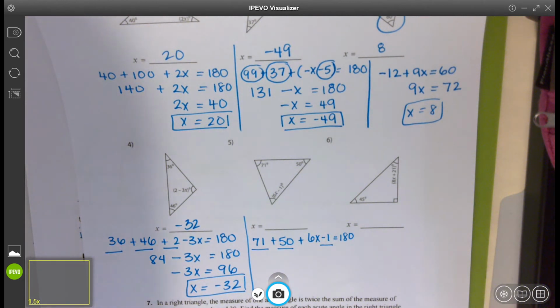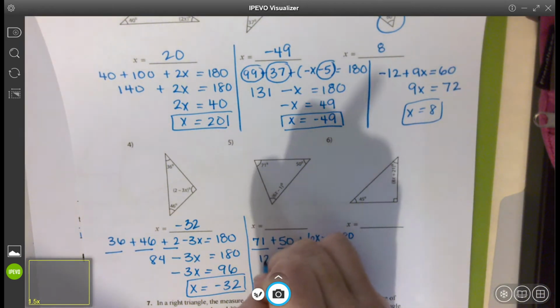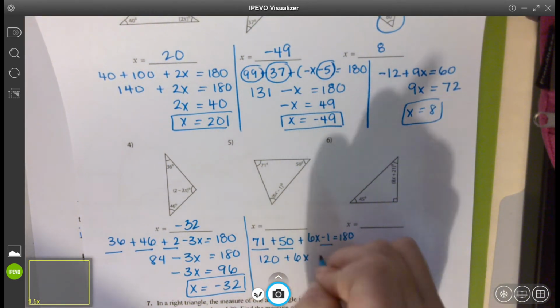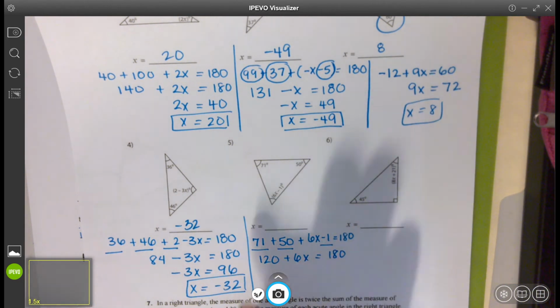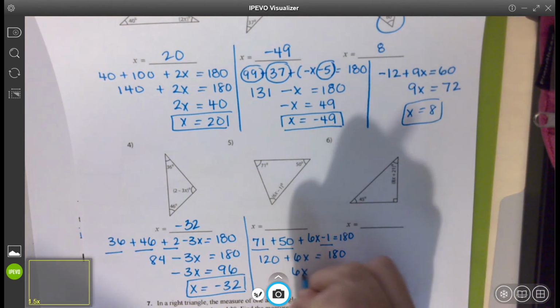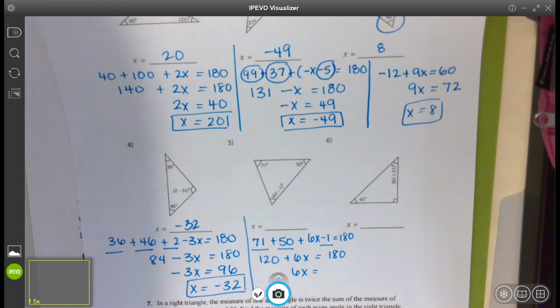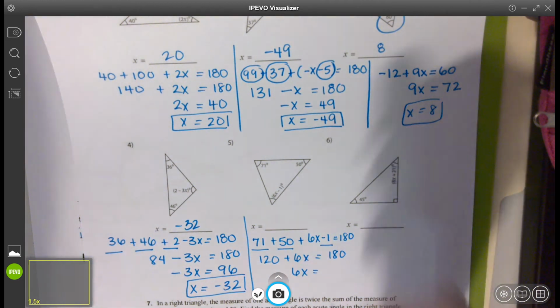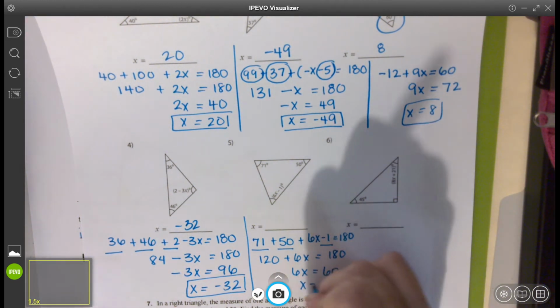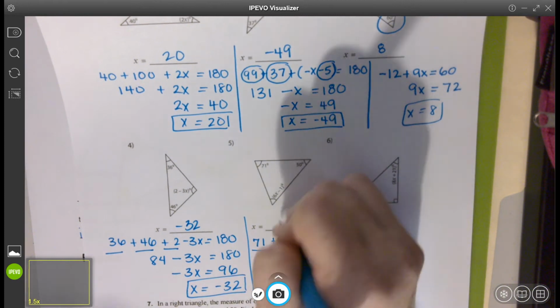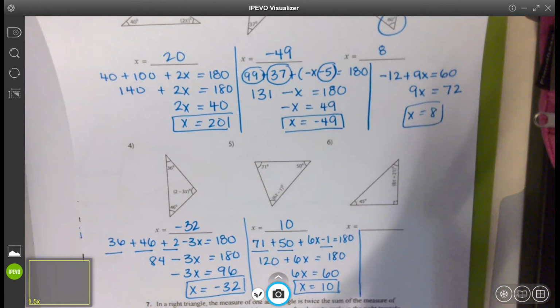So again, 71 plus 50 minus 1. So 120 plus 6x equals 180. Subtract 120 from both sides. And we get 60. And then x equals 10. We divided. All right, last one.